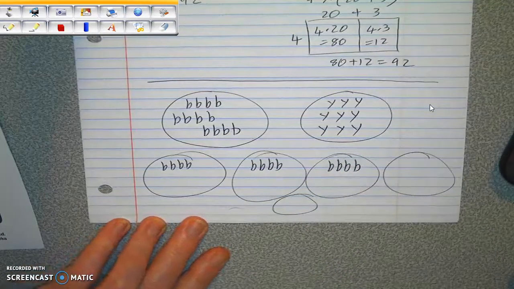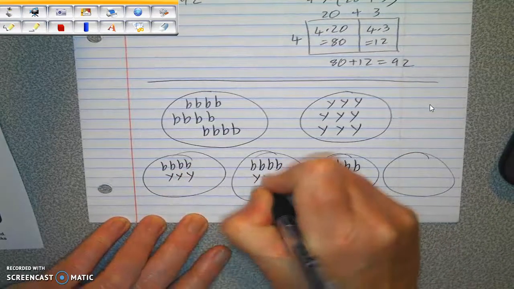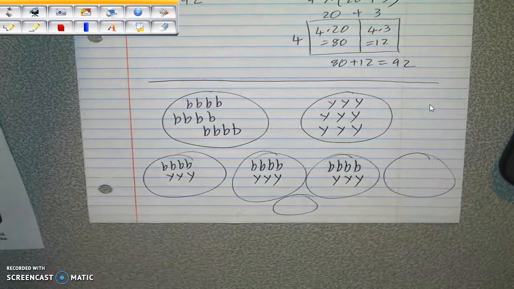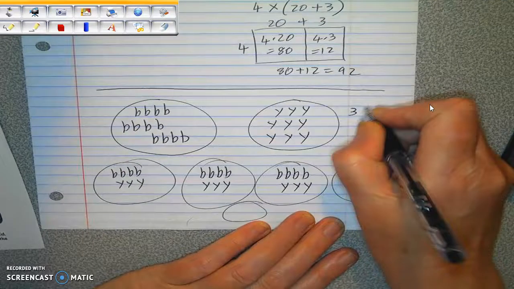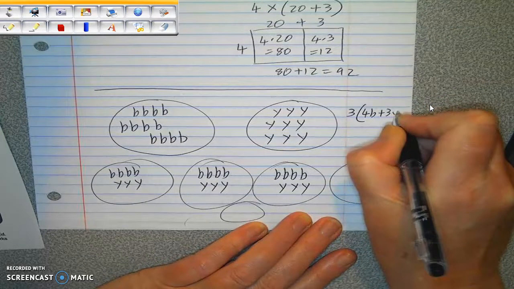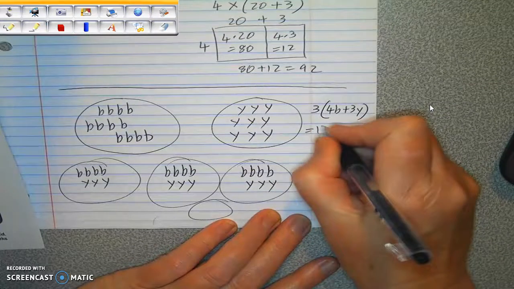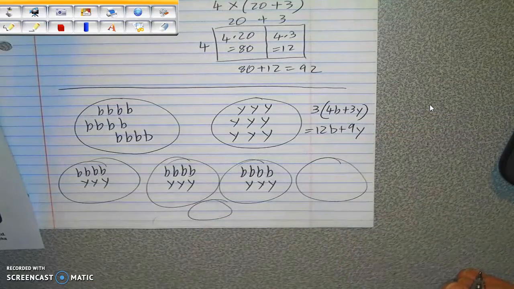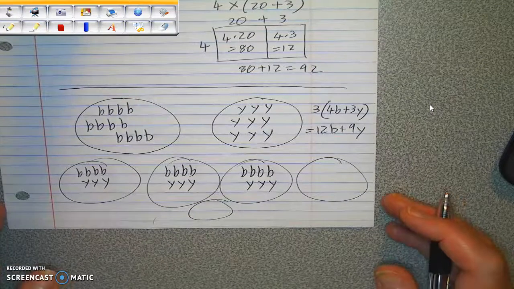If you remember on the mat that we used in the classroom, sometimes we didn't use all the circles. So it would look like that. So the math for that is going to look like this: 3 groups of 4 blacks and 3 yellows is equal to 12 blacks and 9 yellows. And that's what you're going to end up with at the end of the day.